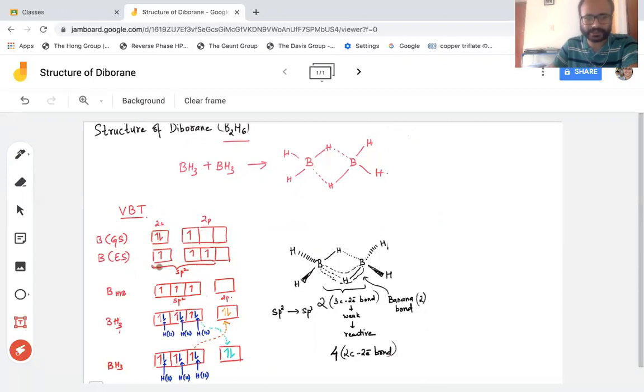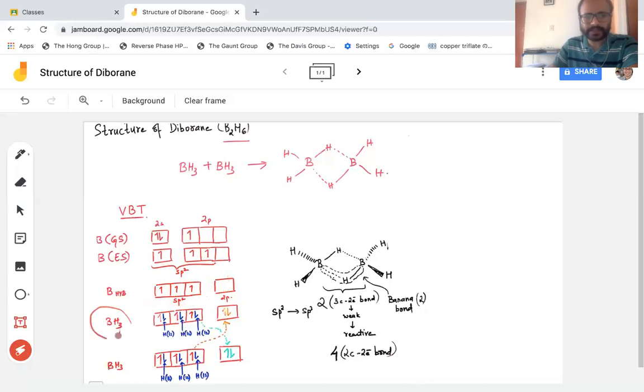According to this, the hybridization that is possible is sp2, that is one s and two p orbitals. So we have a hybridized state where we have three sp2 hybrid orbitals and one unhybridized p orbital that is empty and remaining as such.